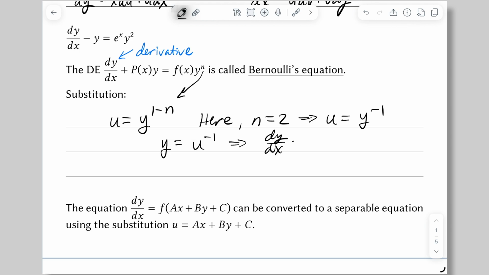Dy dx is then equal to the derivative of u to the negative 1, which using the power rule is negative 1 over u squared, but u should be considered to be a function of x. So we have a chain rule, du dx. So we end up replacing a derivative with an expression that also contains a derivative. We'll see how the rest of this plays out again in the example video.